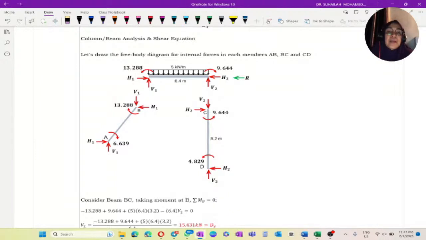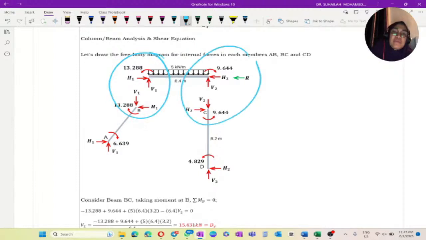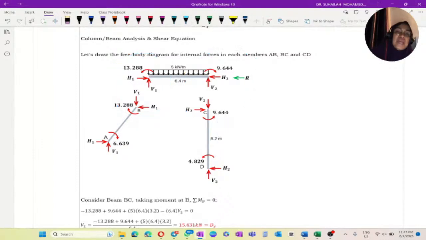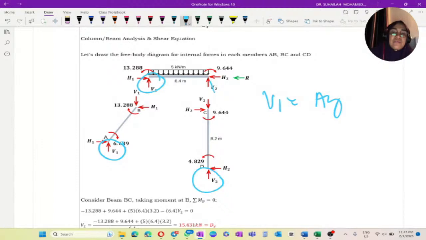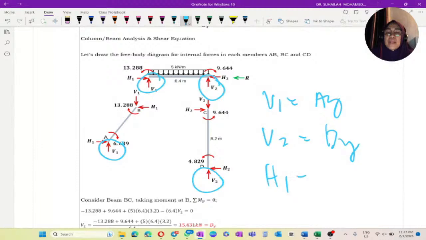And after that we have to check for the equilibrium for B, and we have to check the equilibrium for C. So that is why we get this one and this one equal, which V1 is equal to AY, and we get V2, and this V2 and this V2 is also the same, and actually V2 is equal to DY. And of course H1 is AX and H2 is DX.